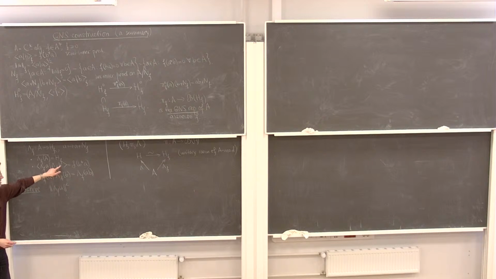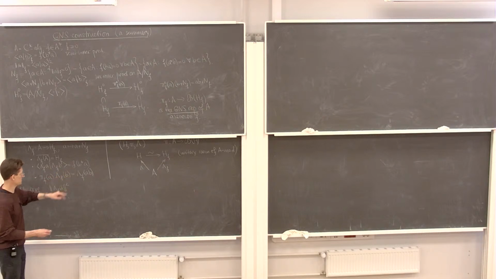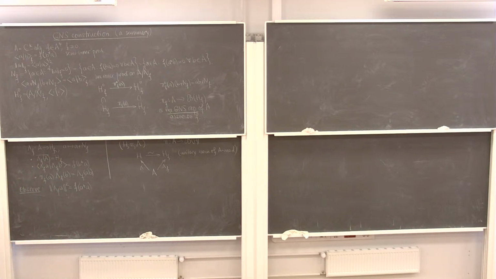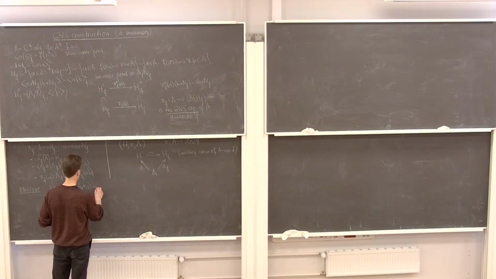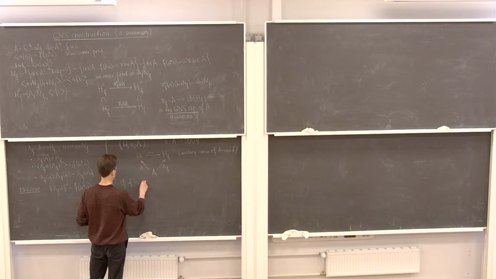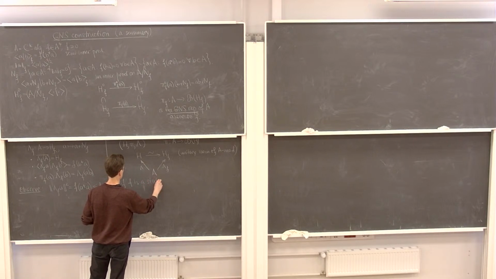So we substitute A here, we get this. So this is f applied to A star A. And if we assume that f is a state, then this is less than or equal to the norm of A star A. If f is a state. That is, if the norm of f is 1.